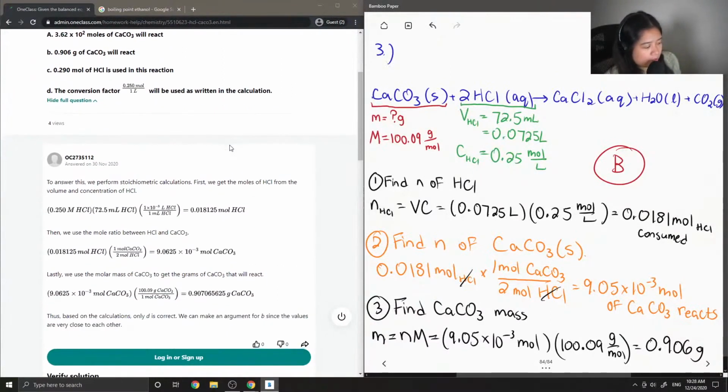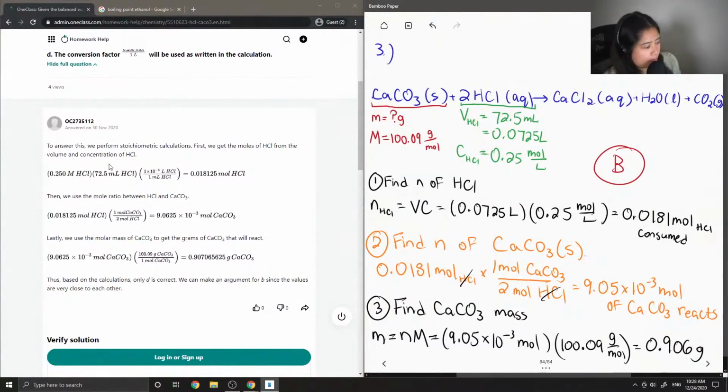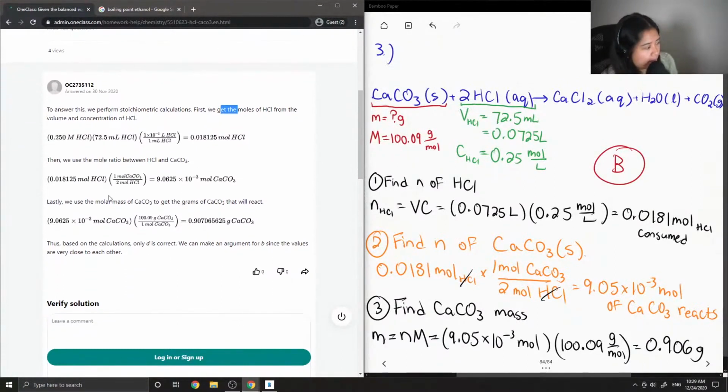Let's see what the junior tutor said. To answer this, we perform stoichiometric calculations. First, we get the moles of HCl from the volume and the concentration of HCl. They multiplied the two, converted it to liters, and got 0.0181. Then we use the mole ratio between HCl and calcium carbonate.